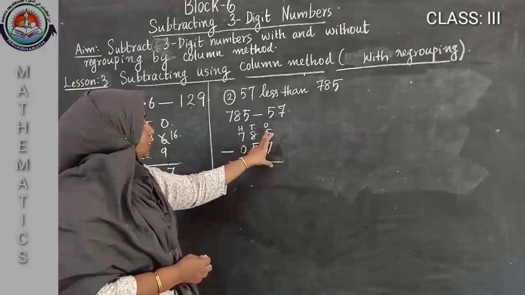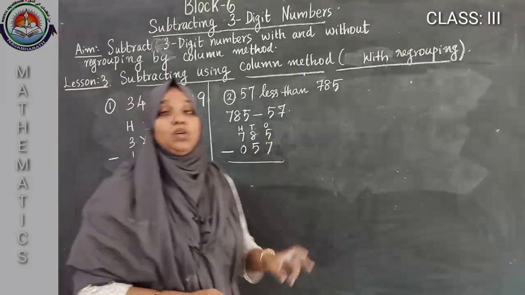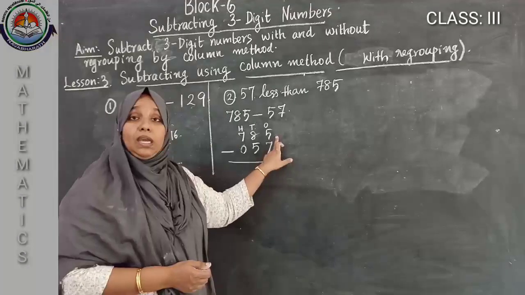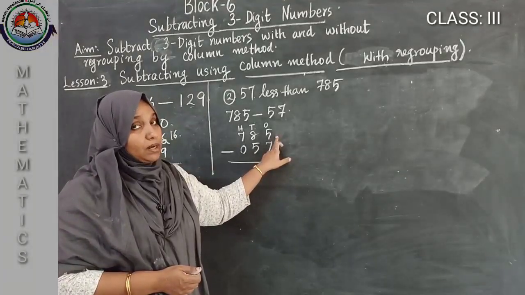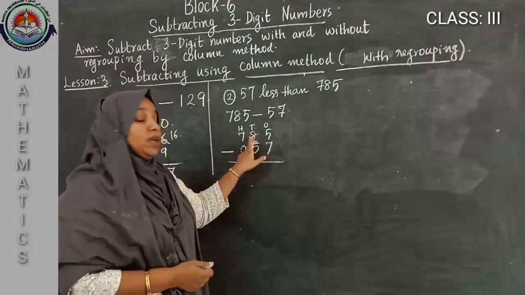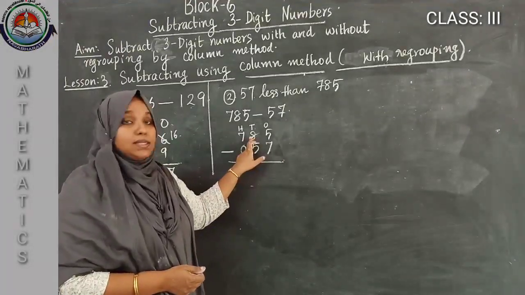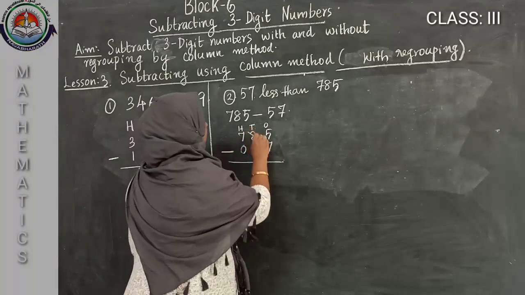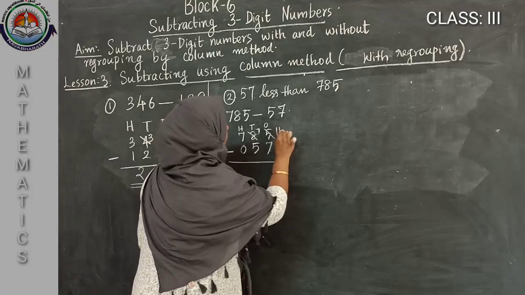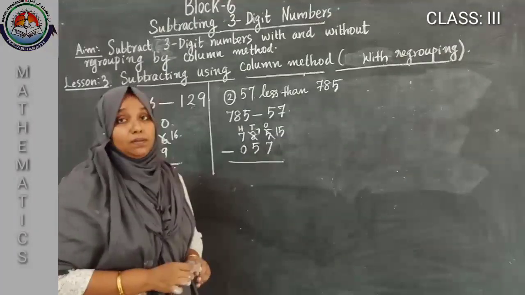Then see children, 5 minus 7. Can we do 5 minus 7? No, because 5 is the smaller number and 7 is the bigger number, so we can't do that. So we have to borrow 1 ten from here. So this becomes 7, and here in the ones place we have 15.